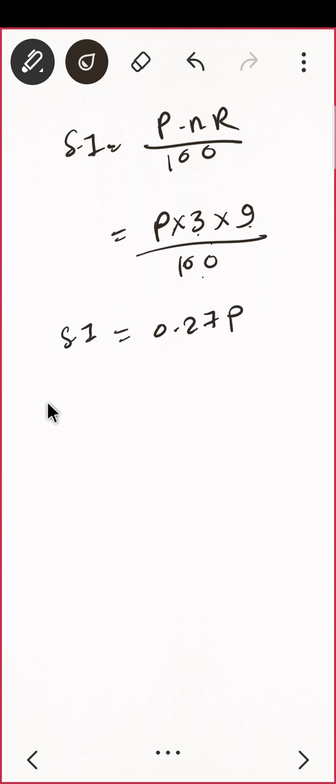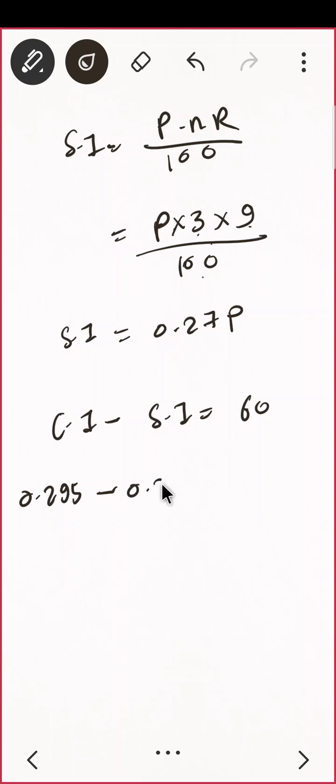What is given to me? Compound interest minus simple interest is equal to how much was given? 60 rupees, no? So compound interest is 0.295 minus 0.27, I am taking P outside, that is equal to 60.